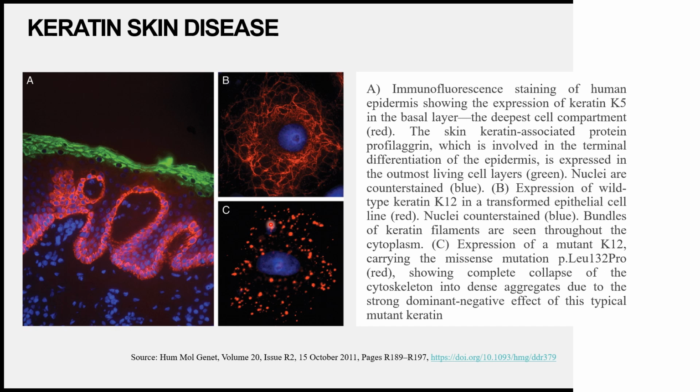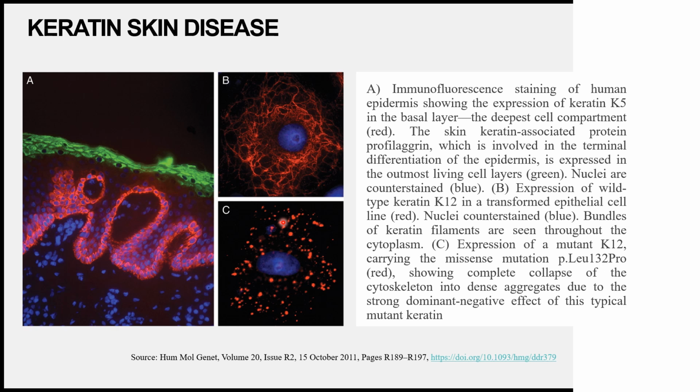This is due to a genetic defect or a mutation. You can see there's a complete collapse of the cytoskeleton. You don't see a network of keratin K12 here, unlike picture B. It is all collapsed, and what you see here are aggregates of it. So this is a type of keratin skin disease.